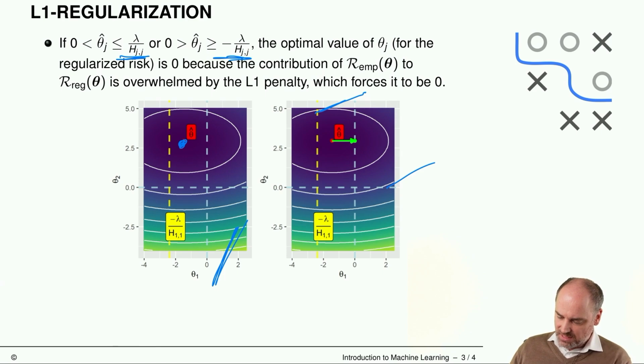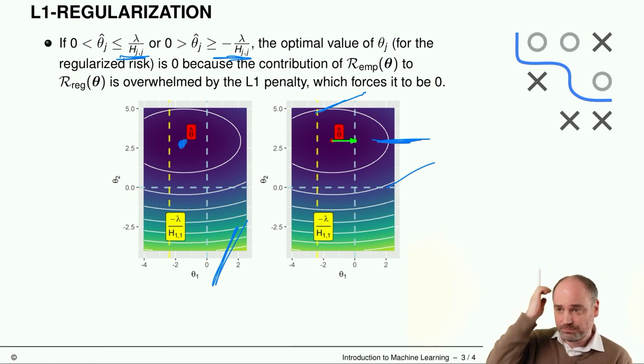And if we are inside of that limit, and this is what happens here, we are now looking in a direction where the contour lines change somewhat slowly, so there's not so much curvature going on, so loss or risk changes slowly. So this is a less interesting direction for risk minimization, expressed by the fact that this entry of the Hessian is somewhat small.